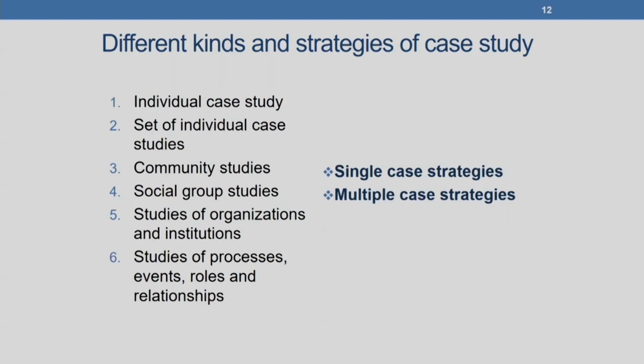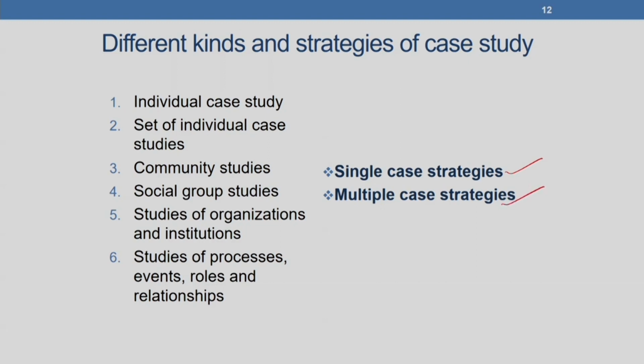So, having discussed these, let us look at what are the different kinds and strategies of case study. All of these different kinds and strategies of case studies can be categorized under two broad themes: singular case studies or single case strategies, and multiple case strategies.